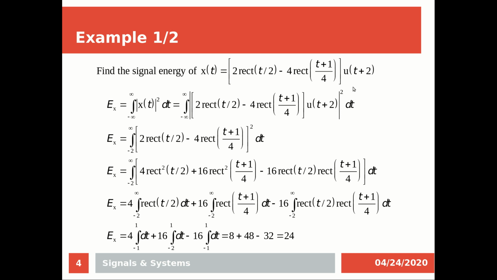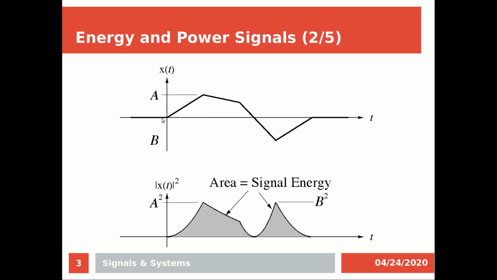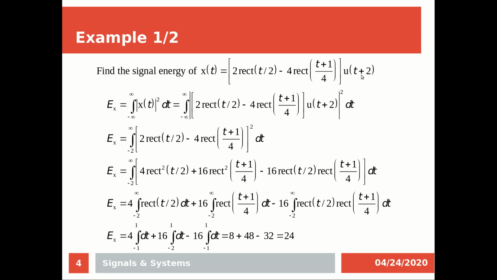Now, first, this is the main function that multiplies both of them. The main function is u of t. As you remember, u of t has a value of 1 from 0 to infinity. So here we take t plus 2.